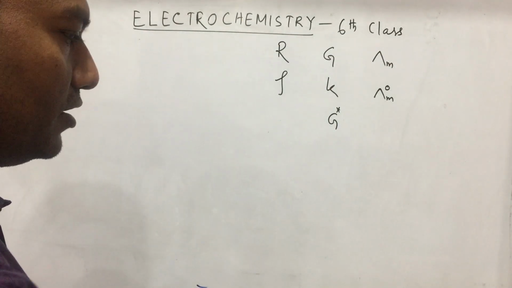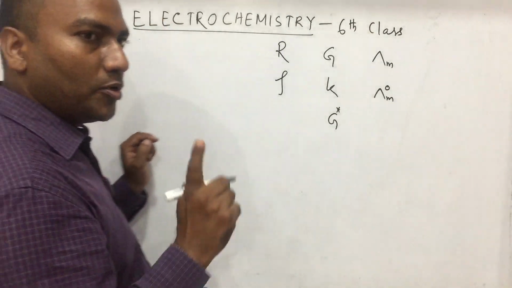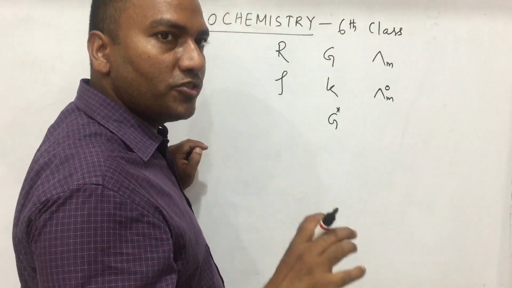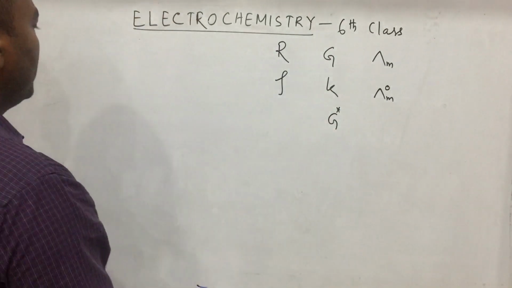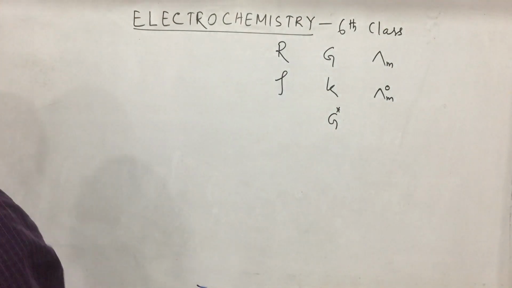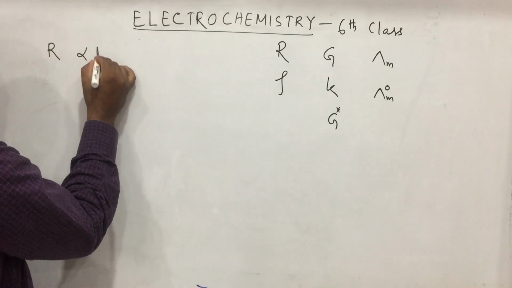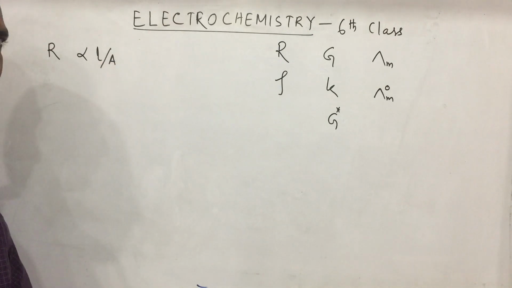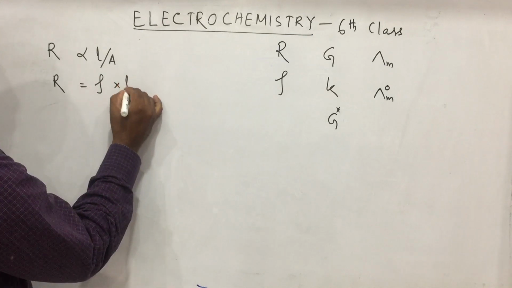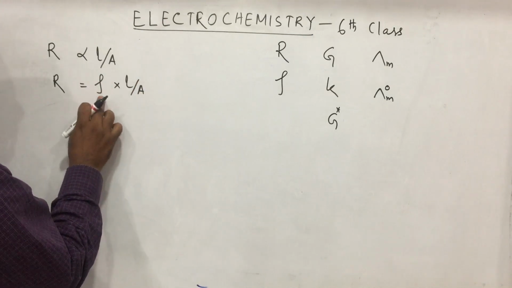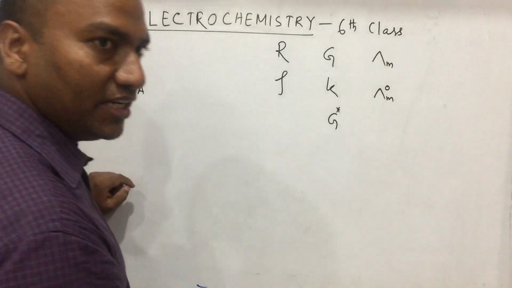First, what is resistance? Resistance is the property of a substance to oppose the flow of electrons. Mathematically, resistance is directly proportional to L by A, or R equals some constant into L by A. This constant is called rho, and it is called resistivity.